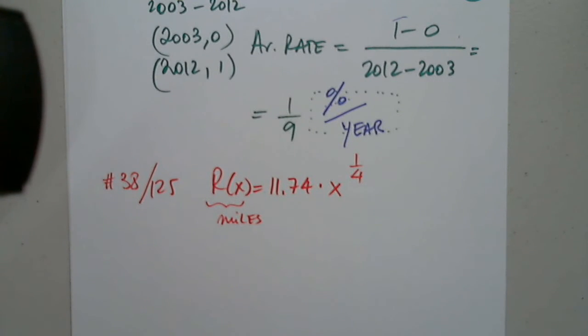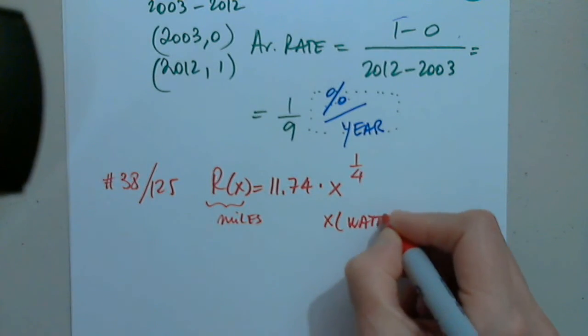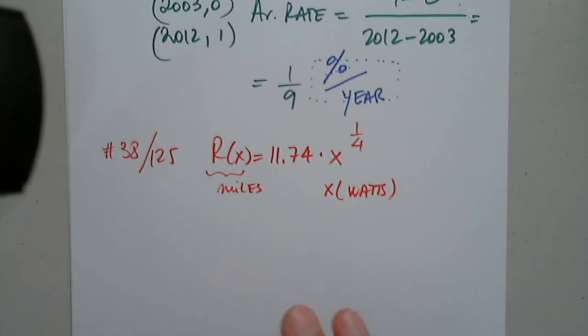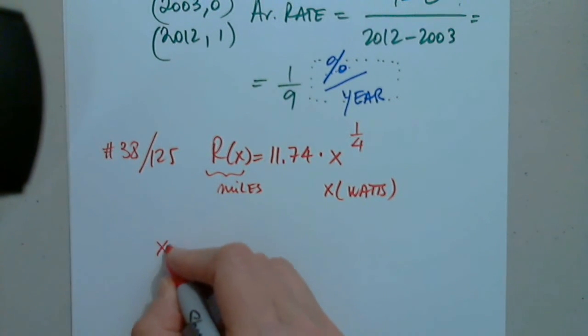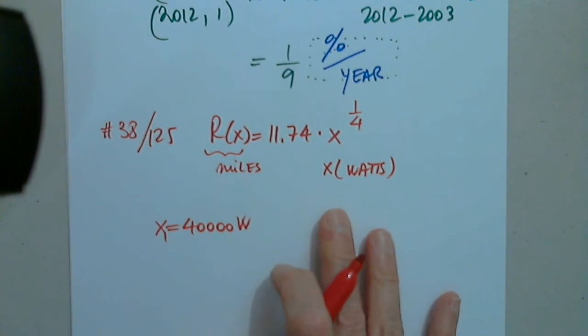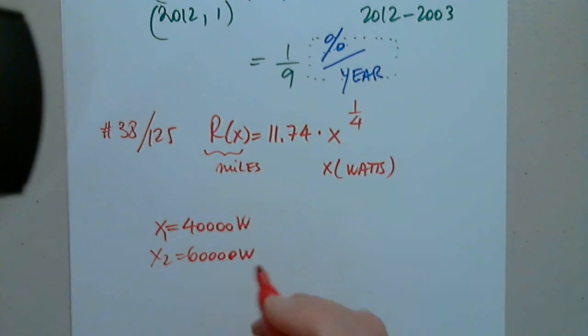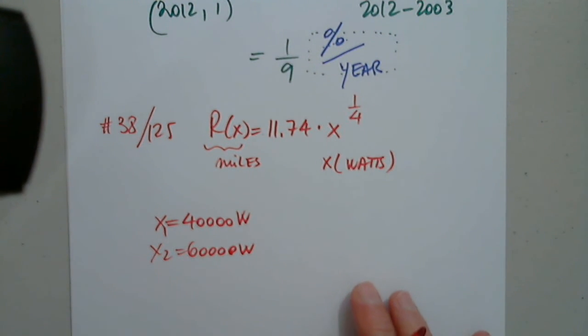Fine. Find the rate at which the maximum radar range changes as peak power increases from 40,000. So x is in watts. So from x equals 40,000, so x1 equals 40,000 to x2 equals 60,000. Okay. And then they want us to find the average rate of change.